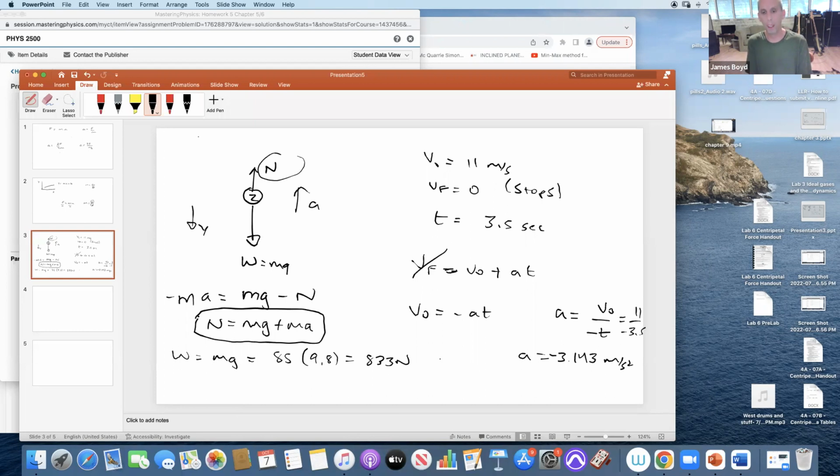This is what his apparent weight is. Now we know our acceleration is 3.143. This negative sign is due to this negative sign, so this is actually 3.143. And I get that his apparent weight is his mass times g plus a, which is 85 times 9.8 plus 3.143, times 85.